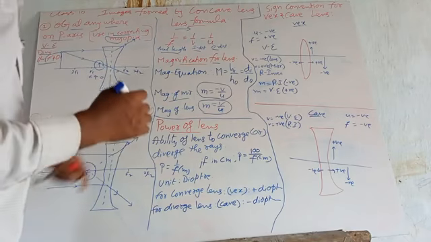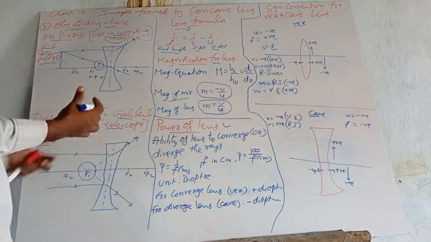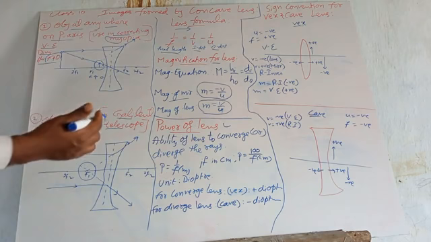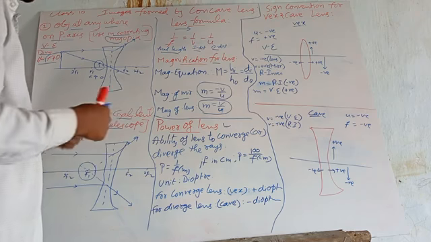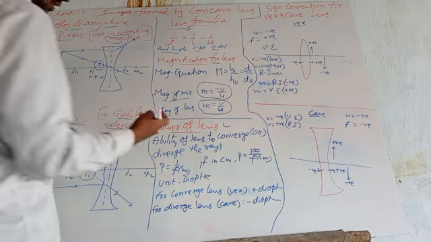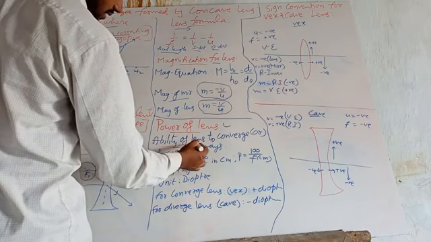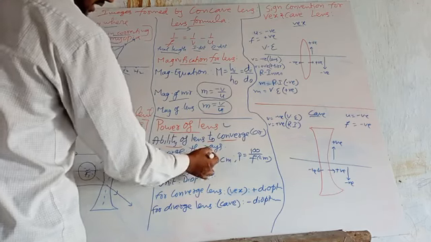Next, power of lens. Power of lens is nothing but calculating the lens power. How to calculate? Look here. Power of lens is the ability of the lens to converge or diverge the rays.